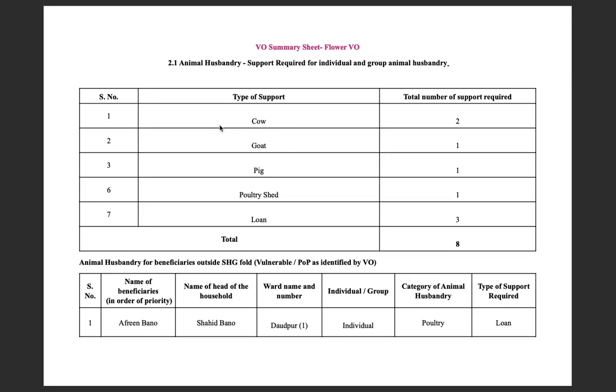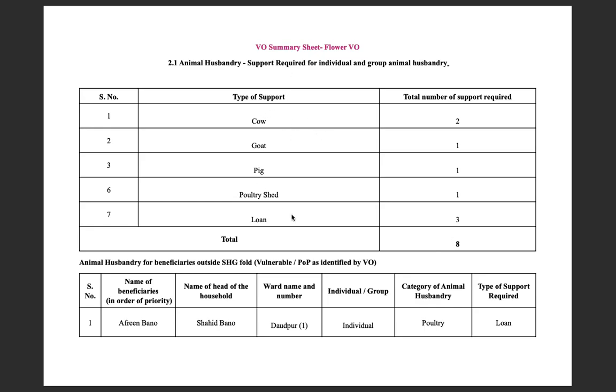Now we will also, for animal husbandry, summarize the kinds of supports that the people have demanded. So the total number of cow demanded was 2, goat 1, pig 1, poultry shed 1, loan 3. So the total comes about as 8.